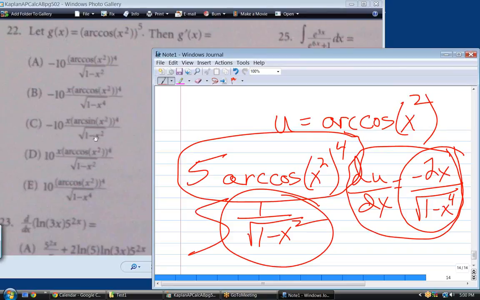We need a square root of 1 minus x to the fourth in the denominator. That's a hard one. This is probably one of the harder applications of the chain rule that I've seen.